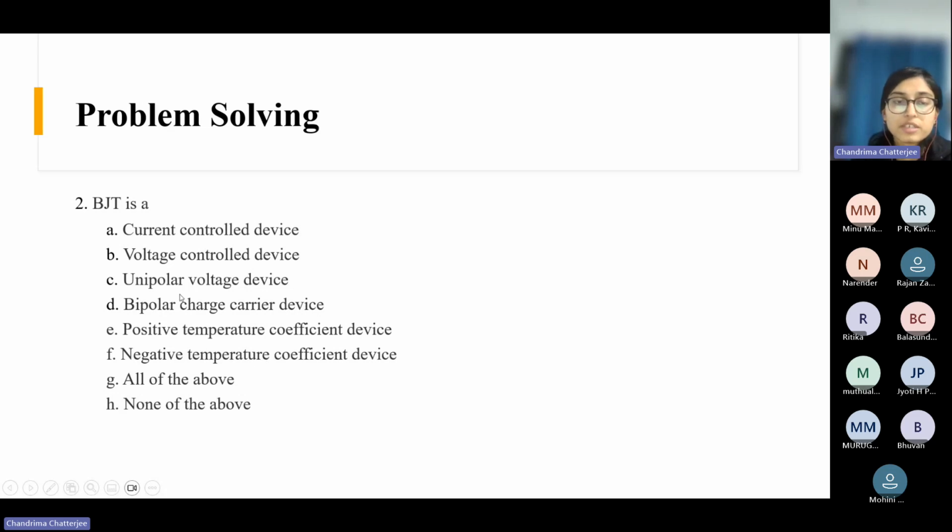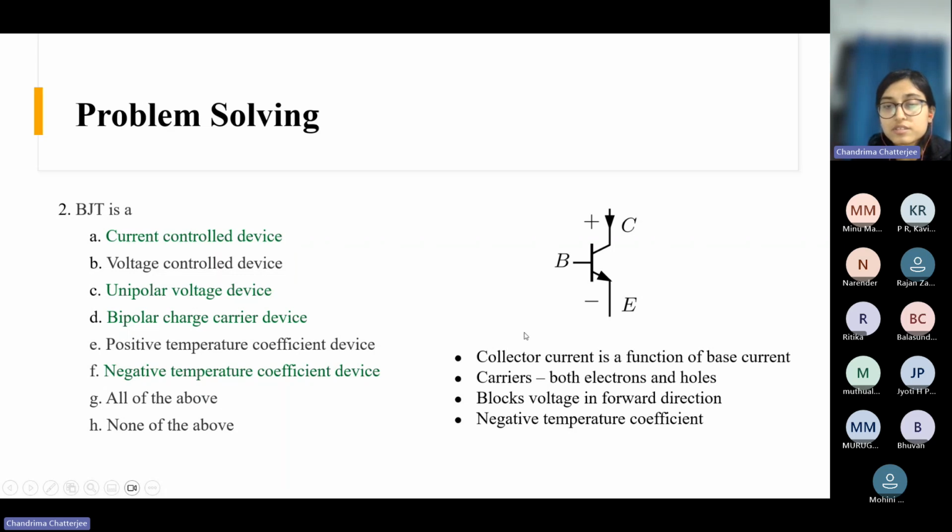Another correct option would be unipolar voltage device. Why unipolar voltage device? Because it can't block voltage of both polarities. It can only block voltage in the forward direction. That's why it is a unipolar voltage device. So the correct ones are written here.